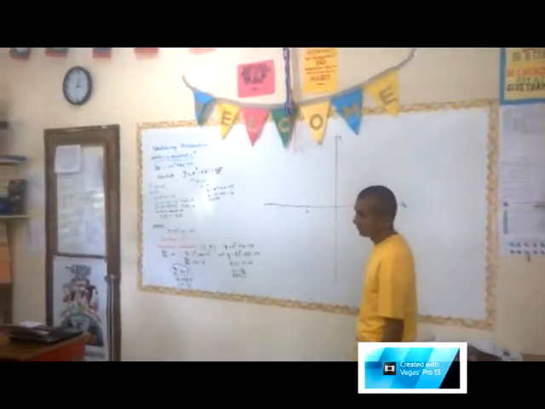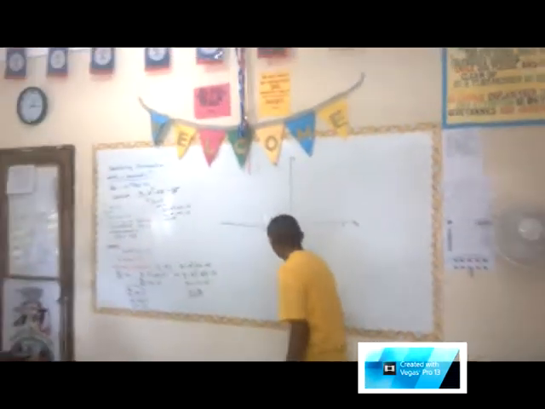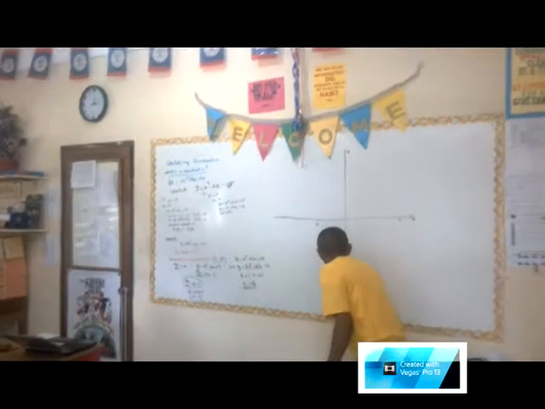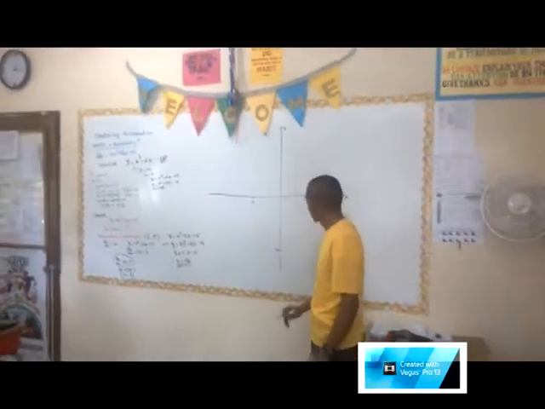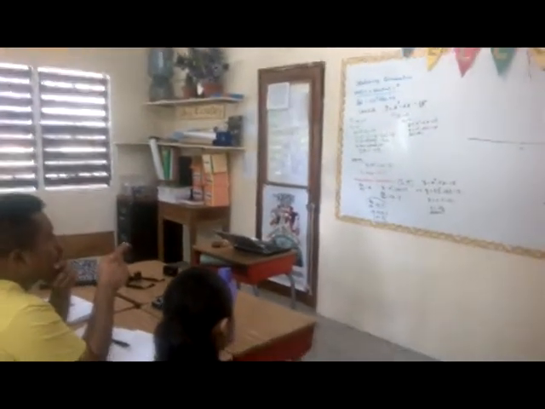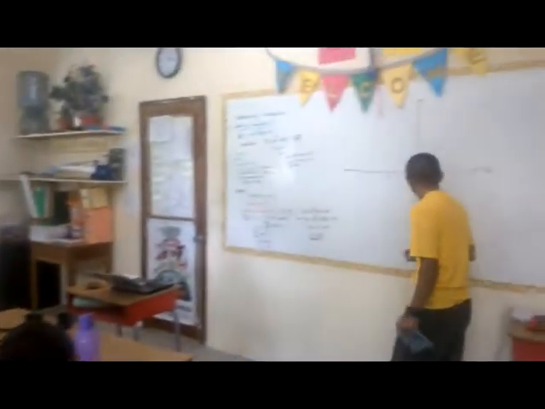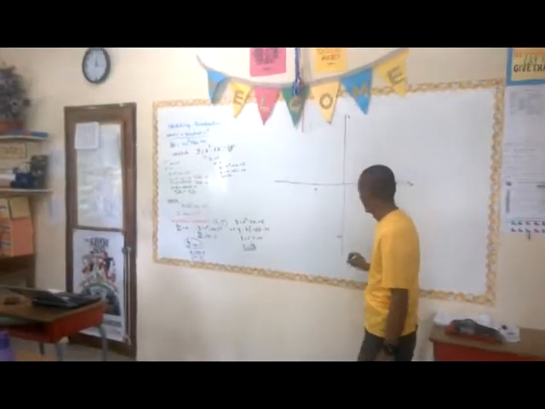From the y-intercept, which is negative 15, negative 15 here. Now, to plot the minimum point: x equals 1 and y is negative 16.